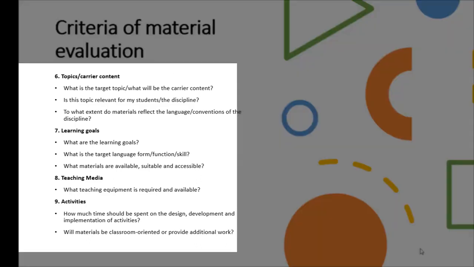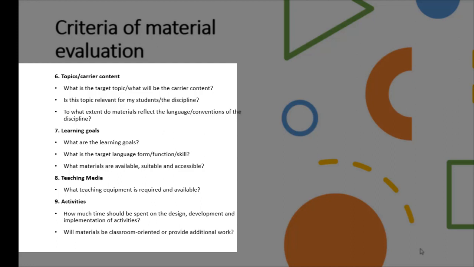Next, topics. And the topics are very important, so you can ask questions like, what are the target topics? What will the topics be, the career content, so the contents, the field of study the students are learning. Is this topic relevant for the students, the discipline?